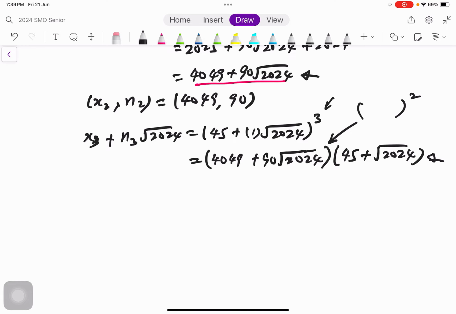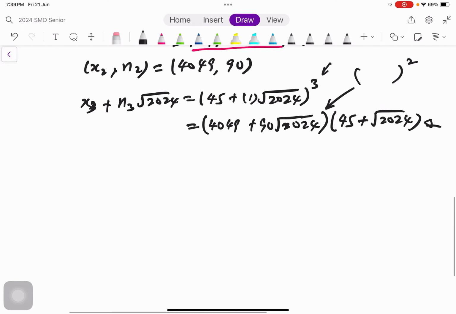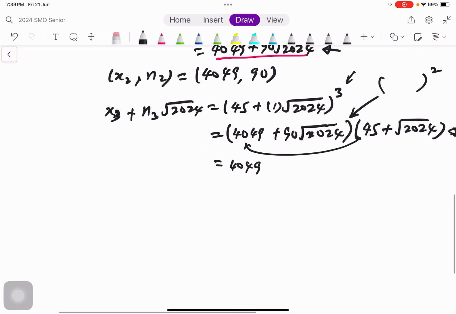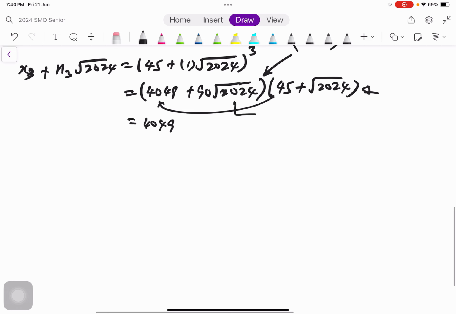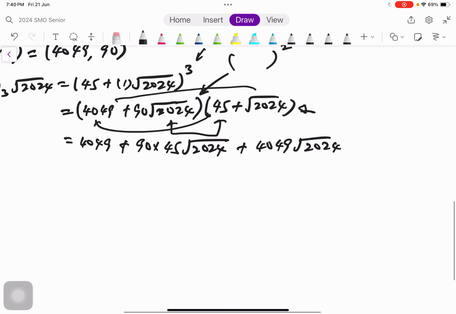And from this, you don't need to get the full expansion. You get this multiplied by this, that will be 4049 times 45, and then you get this multiplied by this, that means you get 90 times 45 square root of 2024, and then plus this multiplied by this. Therefore this is 4049 square root of 2024, and the last term is actually 90 multiplied by 2024.